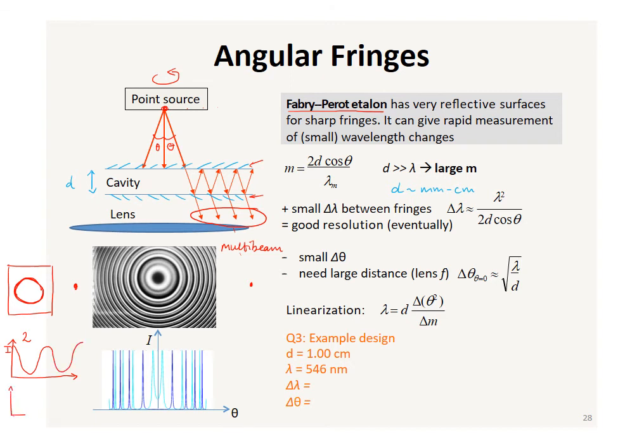With the multi-beam interference, we still have to satisfy the condition that the phase is equal to 2 pi m for a maximum, so the maximum is still going to appear in the same positions. However, the profile is different now. It's much narrower.